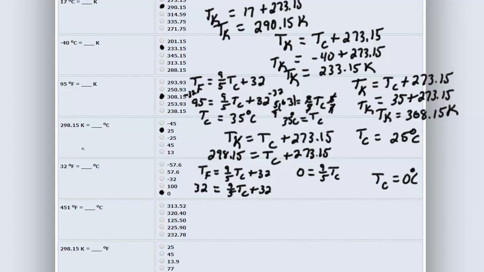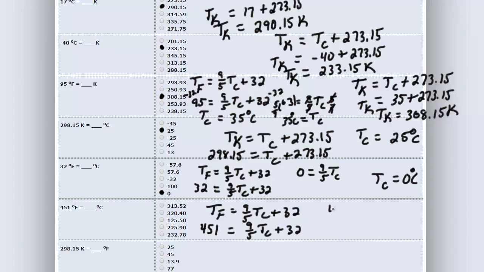So 451 degrees Fahrenheit is what in degrees Celsius? Again, the temperature in Fahrenheit is equal to 9/5 the temperature in Celsius plus 32. So we're going to put in 451. Okay, so that's pretty hot. 451 is equal to 9/5 the temperature in Celsius plus 32. So we'll have 451 minus 32, and that gives us 419.